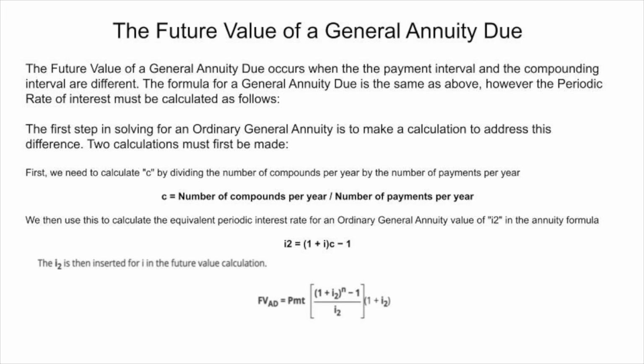So all we have to do from a due situation, like I said before, is use the exact same formula, but with the 1 plus i2 attached to it. So that would indicate an annuity due.